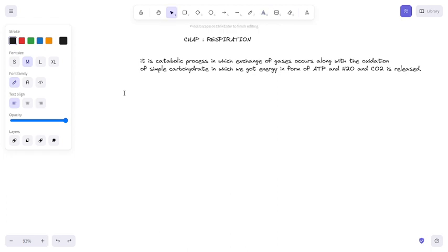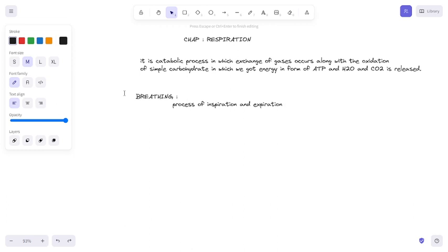Now what are the simple terms? What is breathing? Breathing is defined, in simple words, as the process of inspiration and expiration.